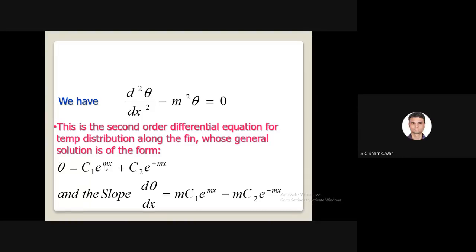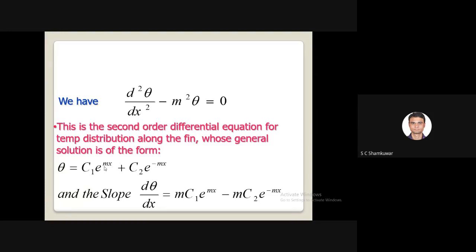Have you understood? Yes, sir. Okay, so remember these two equations. What is theta? Theta is the excess temperature above atmosphere, T minus T infinity. What is T? T is the temperature of the element that we have considered, of length dx.